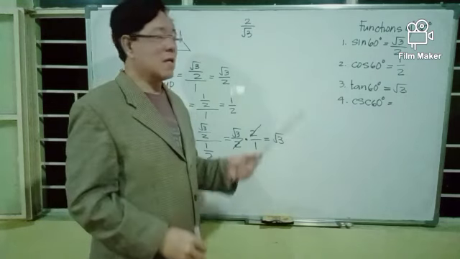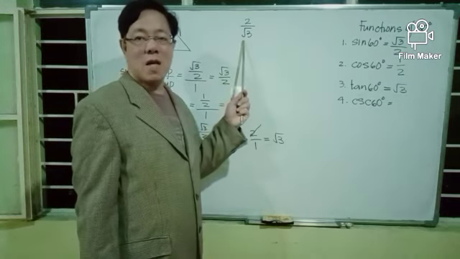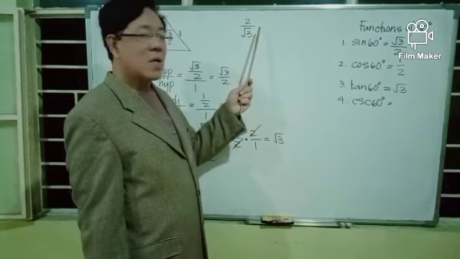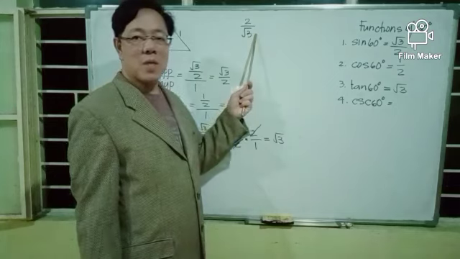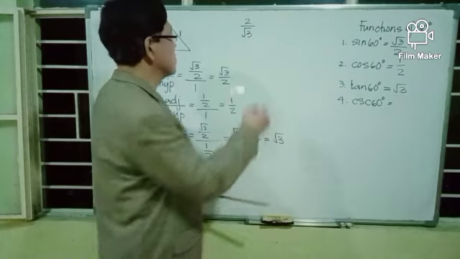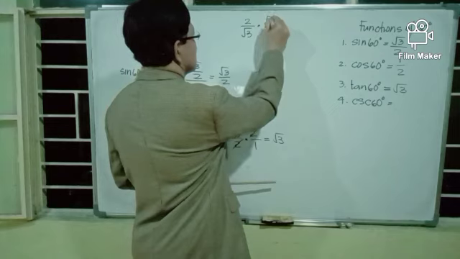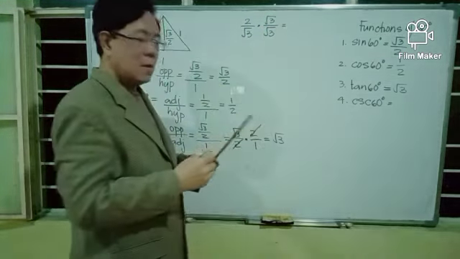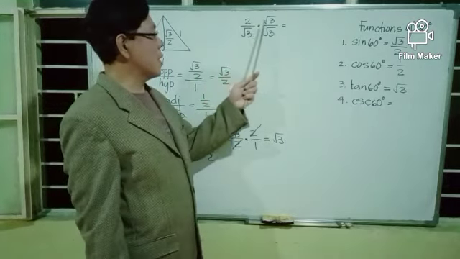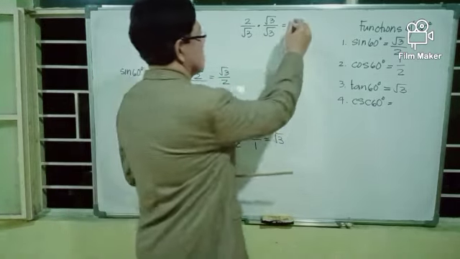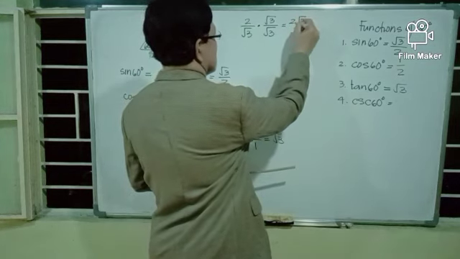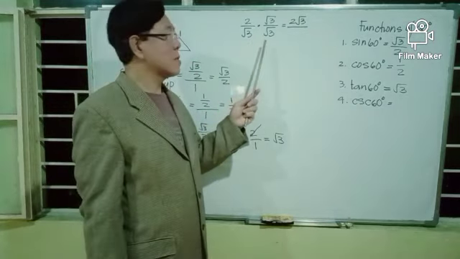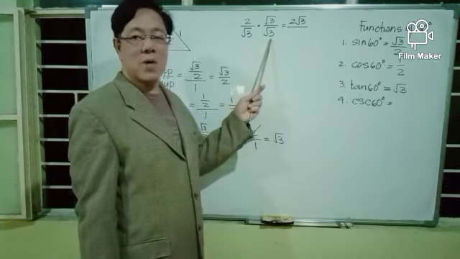And we rationalize the denominator to remove the radical sign from the denominator by multiplying 2 by square root of 3 and multiplying square root of 3 by square root of 3. Multiply the numerators, 2 by square root of 3. And multiply the denominators, square root of 3 and square root of 3.